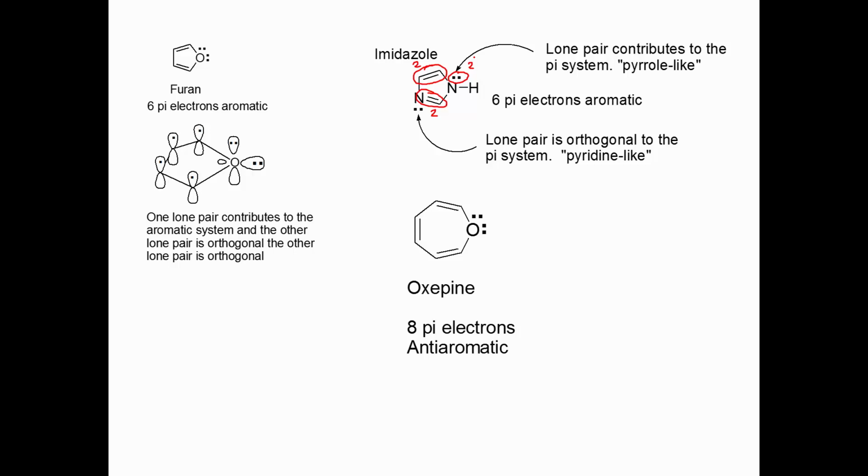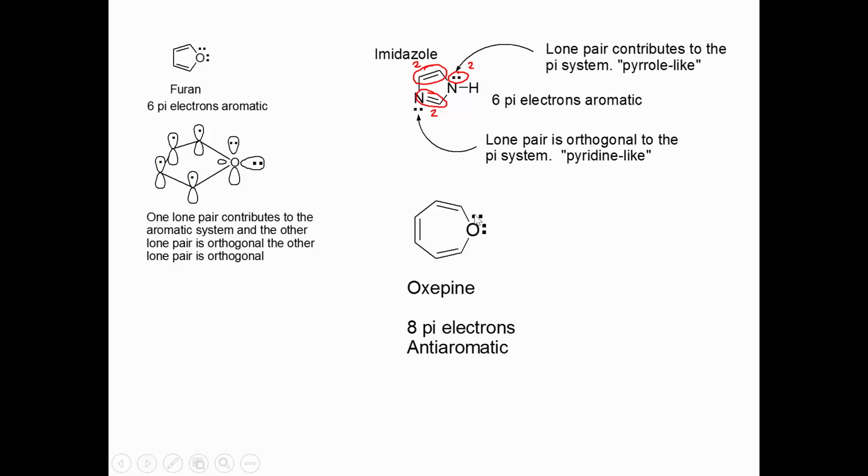And oxepine looks like it has 10 electrons, but it's not really. Just like furan, we're going to count 2 electrons as being possibly part of the pi system and 2 of the electrons as absolutely not part of the pi system.